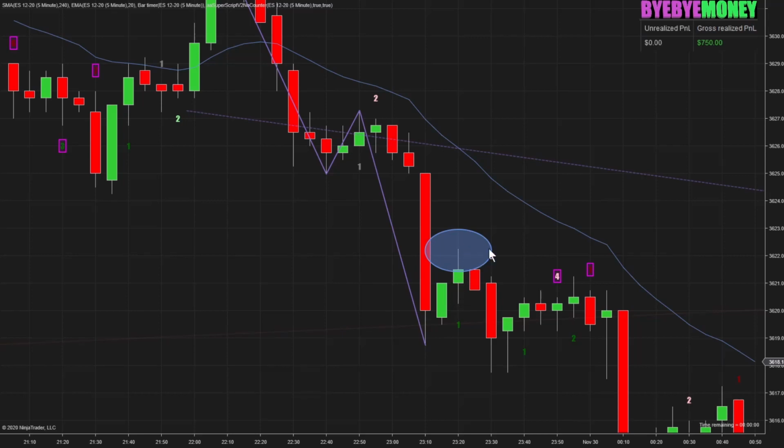And so I knew that there were traders still trapped here. I knew not everyone was filled. And so I took the opposite trade here and I went short right here with a trap. There's no magenta box around this because it actually made a scalper's profit, but I still treated it as a trap because I knew that people were still trapped in here.